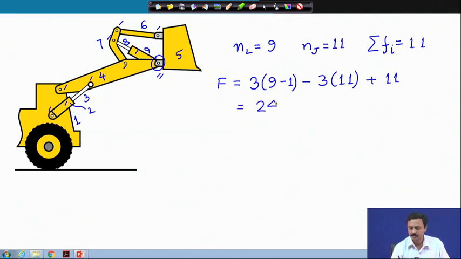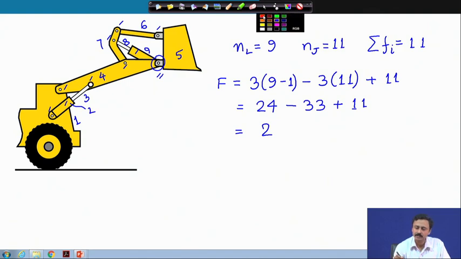This becomes 24 minus 33 plus 11, that gives us 2. So, this excavator has 2 degrees of freedom, and that is why you have 2 actuators. As you can see, there are 2 actuators in this mechanism. This is one and this is one.